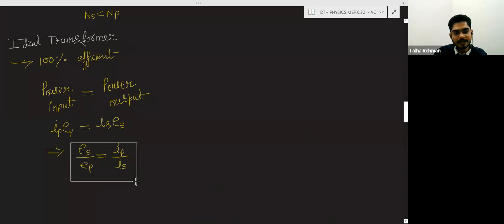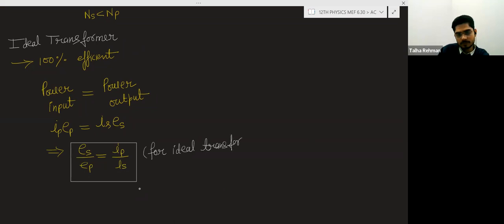This is for the ideal transformer only, and this expression is not always valid.